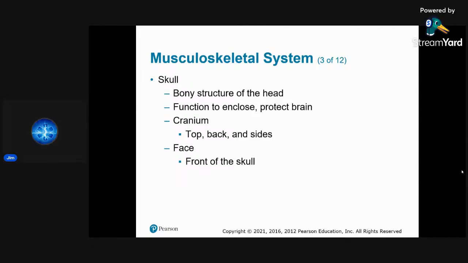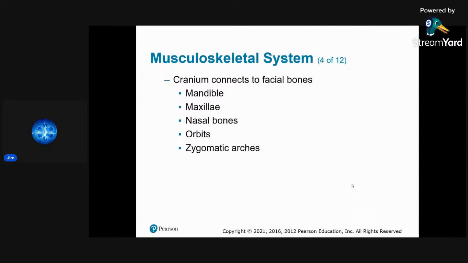The skull, bony structure of the head, right? Its whole job, the skull, is to protect the brain. That's its biggest job. The cranium is the top, back, and sides of the head. And the front is your face, or the front of the skull. The cranium connects to the facial bones. We have the mandible, which is your lower jawbone.